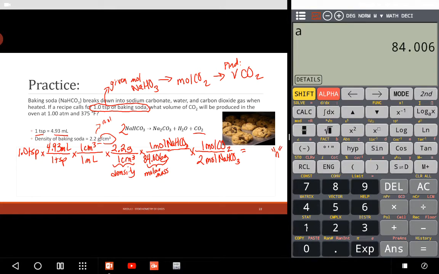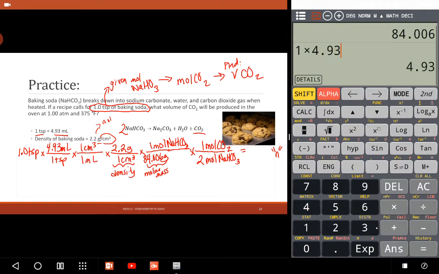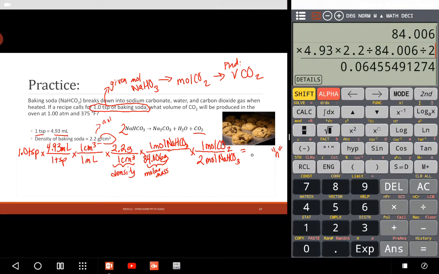So we have 1 times 4.93 times 2.2 divided by 84.006 divided by 2. And that is 0.6064.